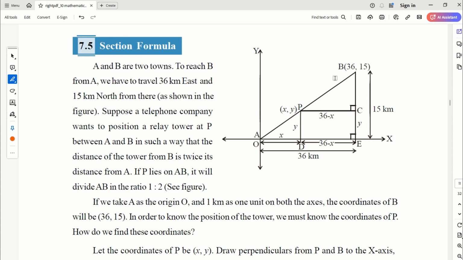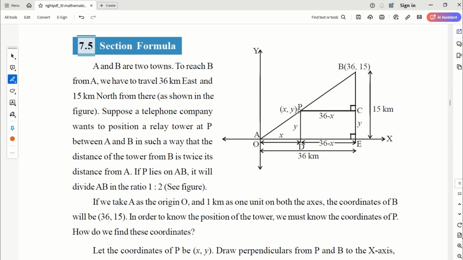So how do we do this? It is easy. We have to use the similar triangle method. Similar triangles we will use, and then we can get the values of x and y. This is 36 kilometers because he went 36 kilometers east, and this is 15 kilometers.